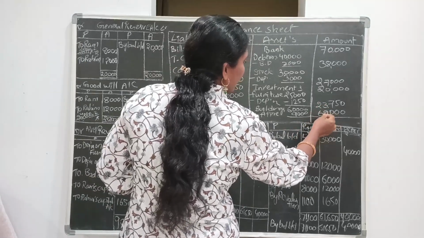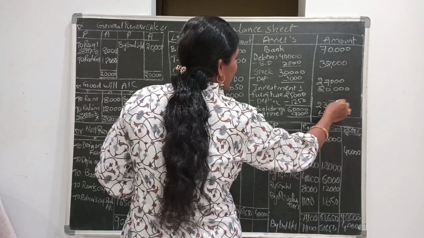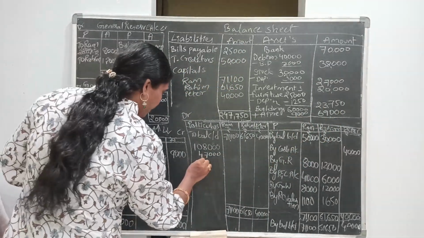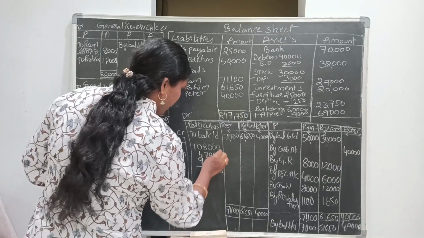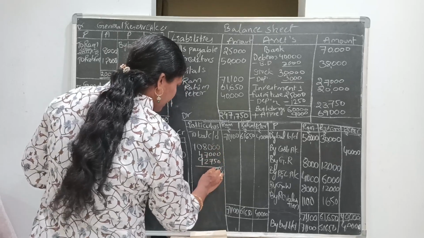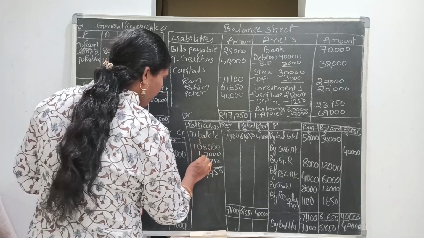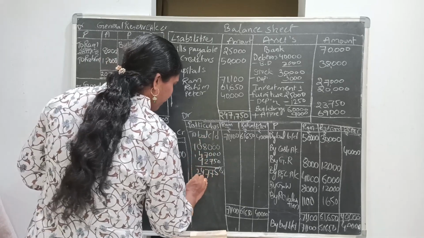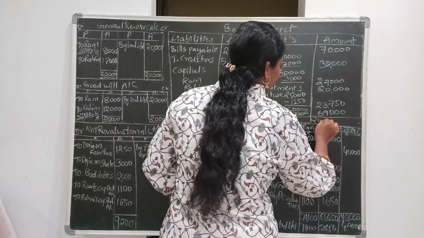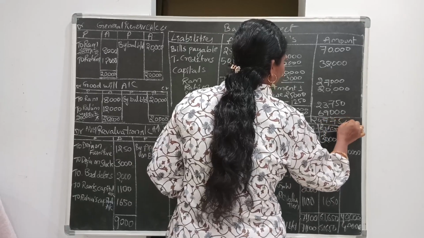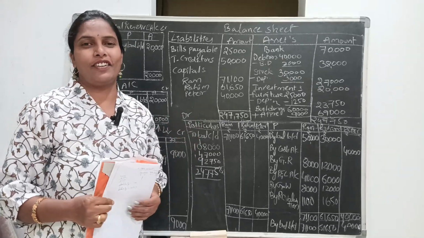Next 23, 69, 92,750, 2,47,750. So successfully, our balance sheet got tallied.